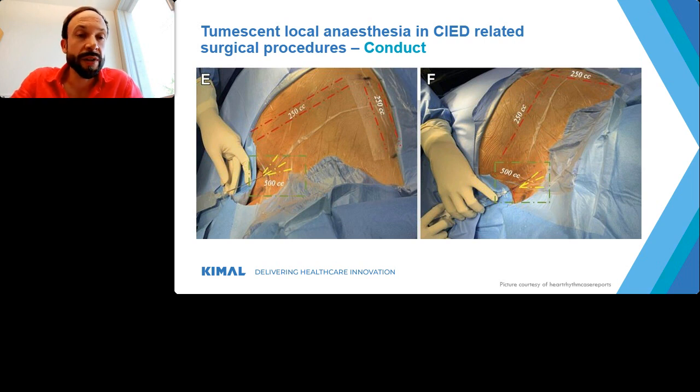There's 250 cc in the tunnel area, where you're tunneling from the pocket or from the xiphoid towards the pocket, later on to recover the shock coil and pull it back from the pocket towards the xiphoid area.